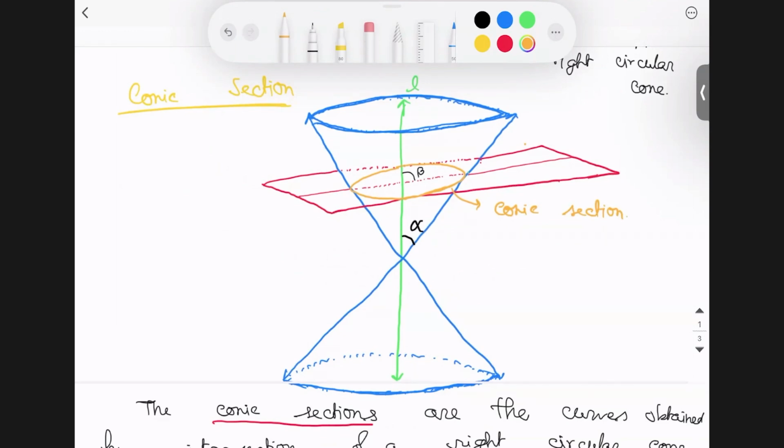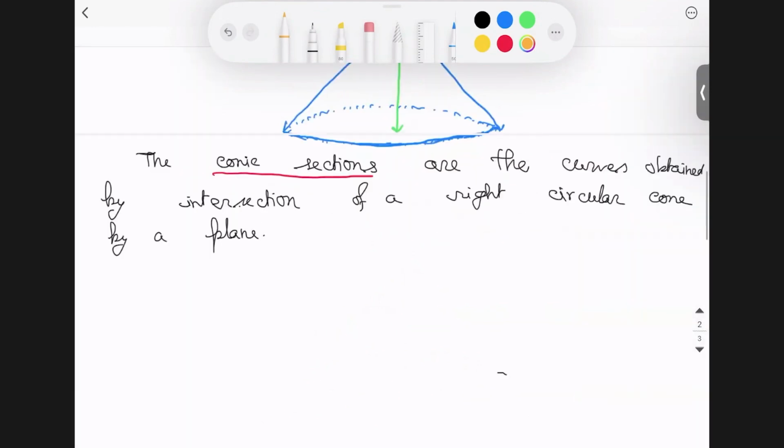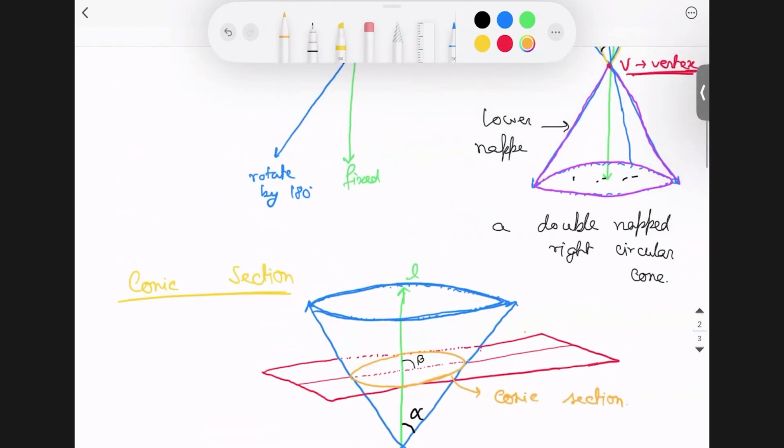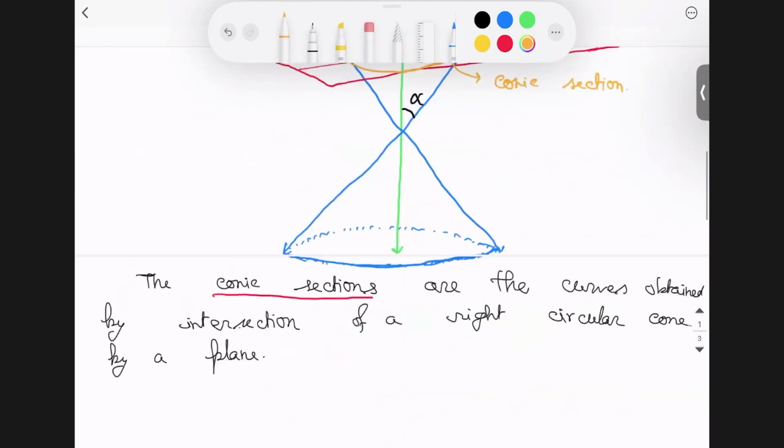Now, depending upon this angle beta, the shape of this conic section will change. You can see it from here also, but I will draw some more figures so that you can clearly understand how and when this figure is going to change.